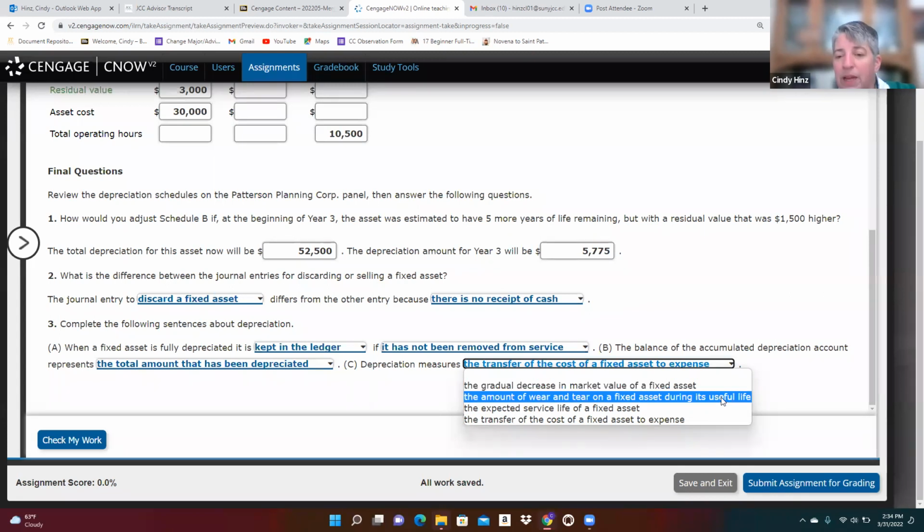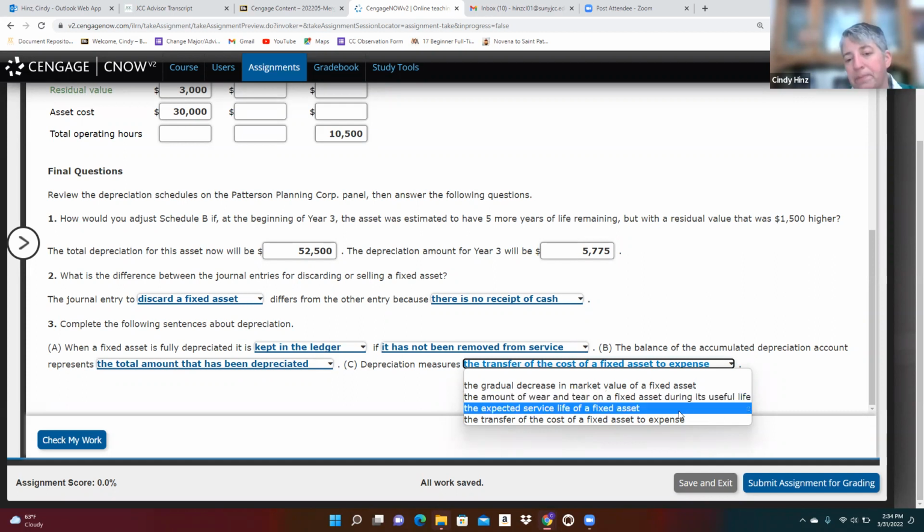The amount of wear and tear on a fixed asset during its useful life. Again, that's partly reflected in the loss of value, but that's not the reason we do depreciation. The expected service life. Well, depreciation is not the expected service life. It's calculated using the expected service life.